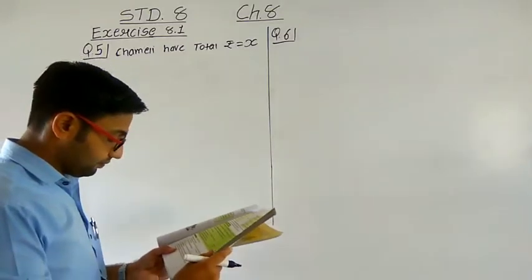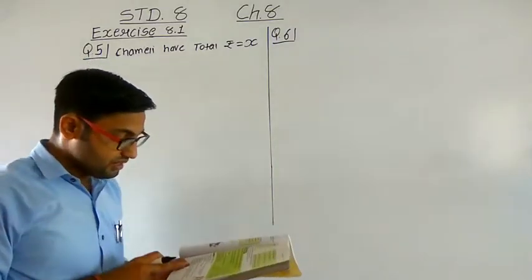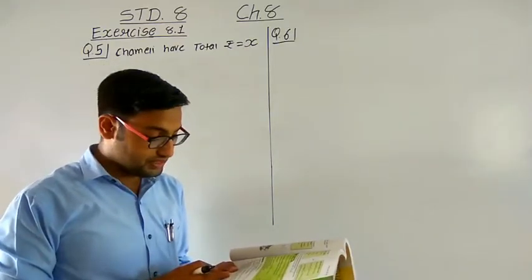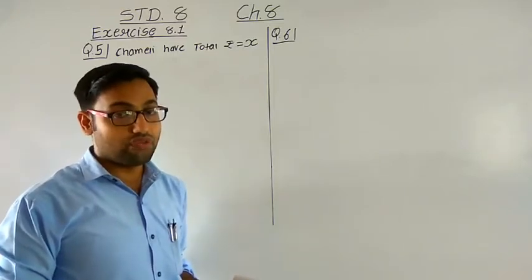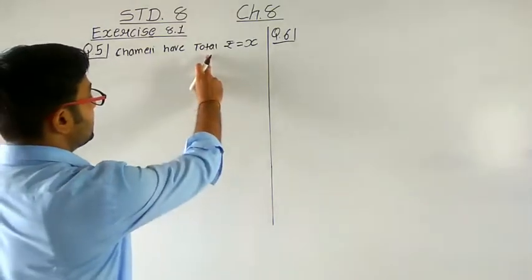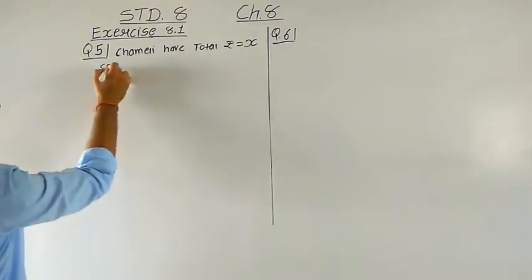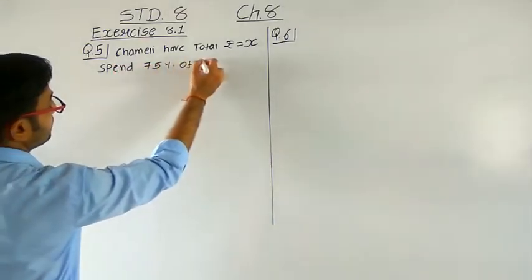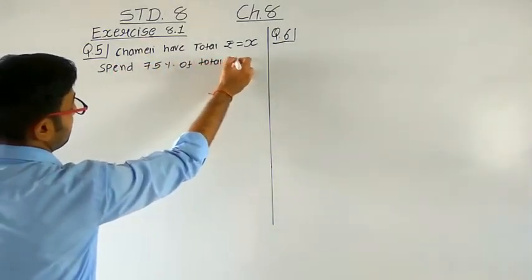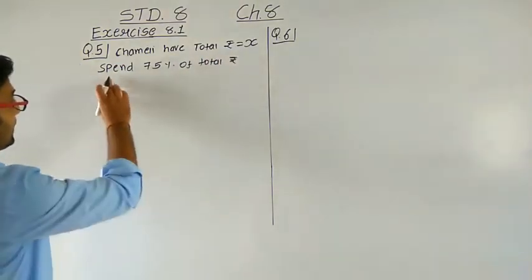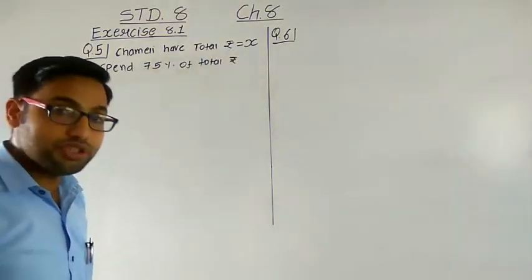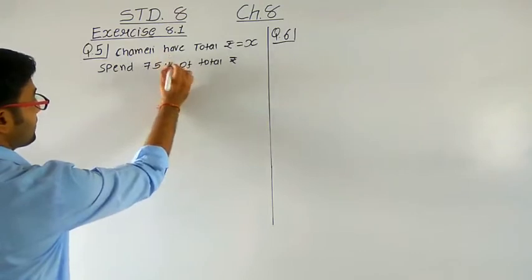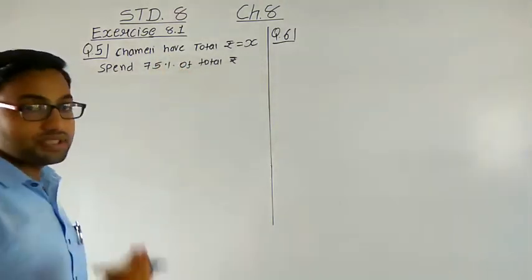Now out of that, 600 rupees are left, but she spent 75% of her money. That means if she spent 75% of the total rupees, then how much percentage of the money does she have? Out of 100%, 75% she spent.